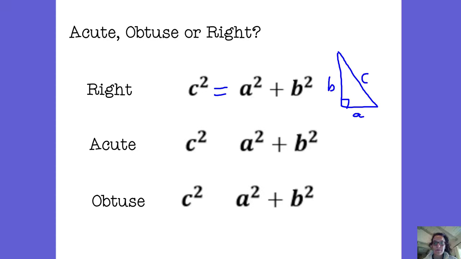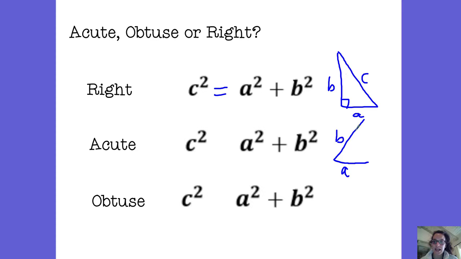So if we take this right triangle and just shift this side B in a little bit to create an acute triangle, keeping B and A the same, but making that angle smaller. Remember we learned that the larger the angle, the bigger the opposite side.